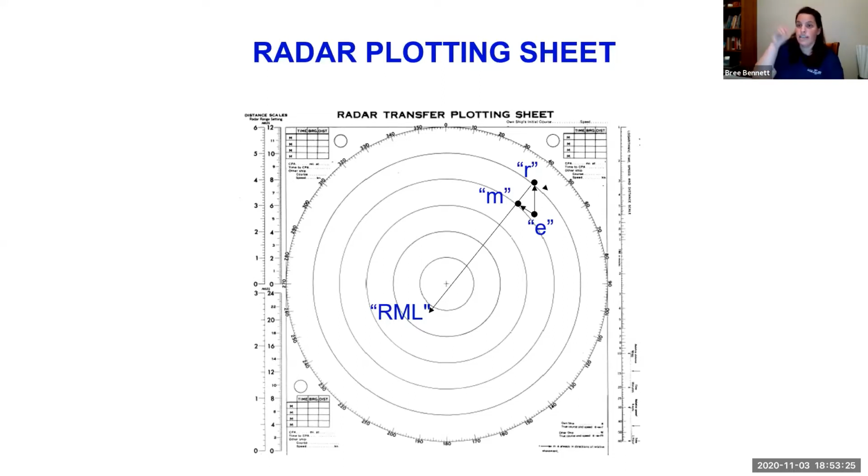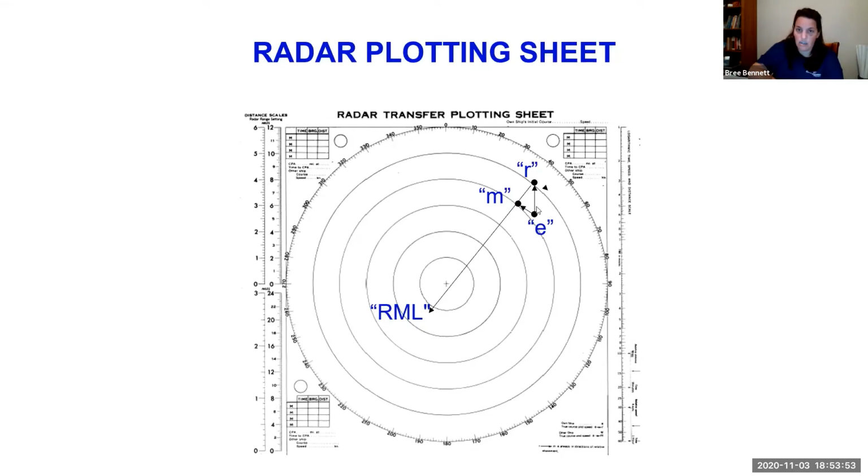We just know that relatively from us, it had a range and bearing at one time. So we put the little R, and then 6 minutes later, it had another range and bearing, and we put another little blip and we labeled it M. And then the other piece of information that we know is what our course and speed is. And so we're going to create an E of what our course and speed is.